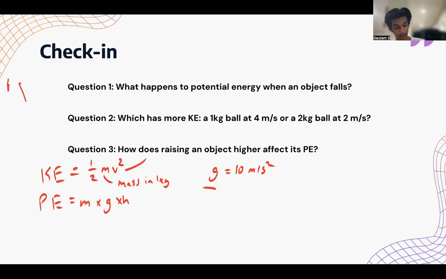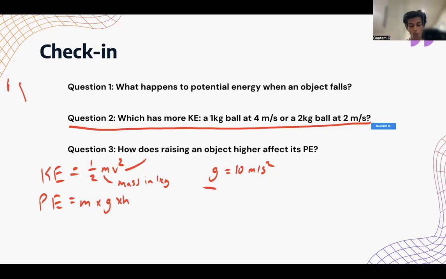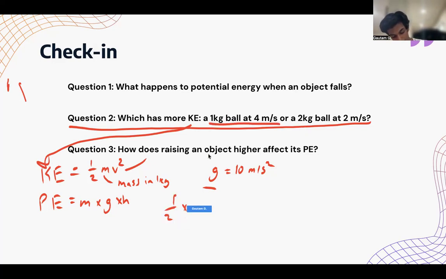So when we're talking about question two, this is the question we did last time for the people who weren't here. We're only going to be using the kinetic energy formula. I don't want to go through this again because it'll take 2 seconds to do together. For the first part, a 1 kilogram ball at 4 meters per second: 1/2 times 1 times 4 squared, correct?